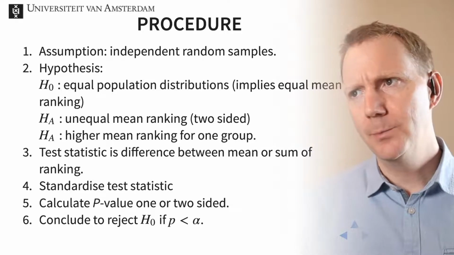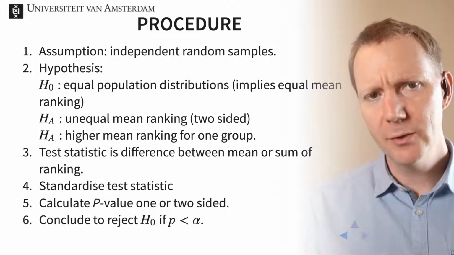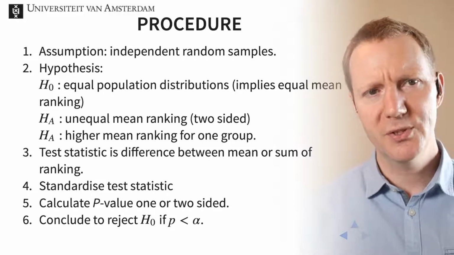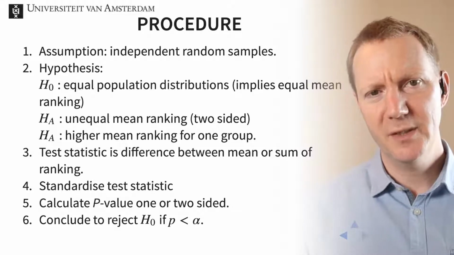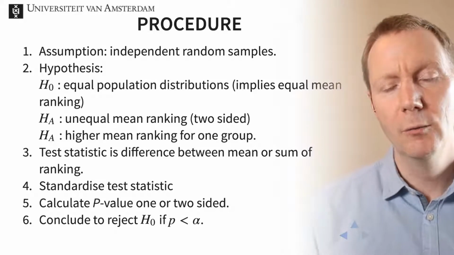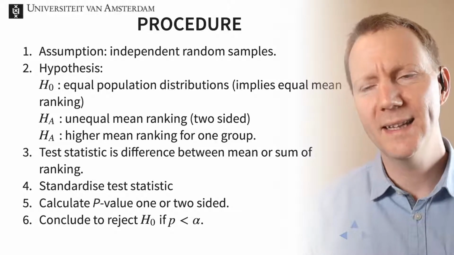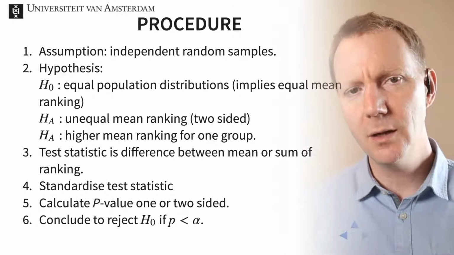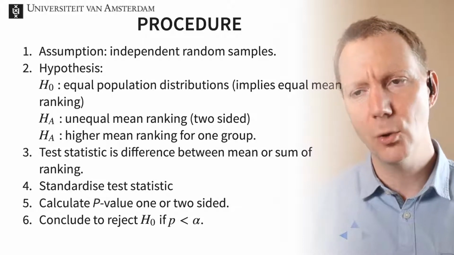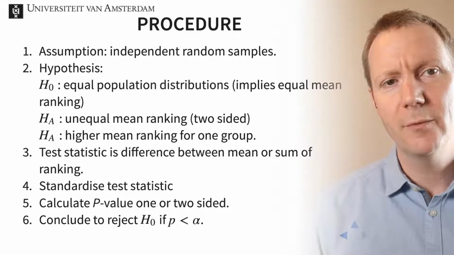We've created a vector with ranked values, and if you would split those up into two groups, you would assume that the mean of this ranking for the male group and for the female group would be the same, or the sum of the ranking, or anything. At least if the null is true, and there would not be a difference, then you would assume that the order of these rankings would be the same for men and women.